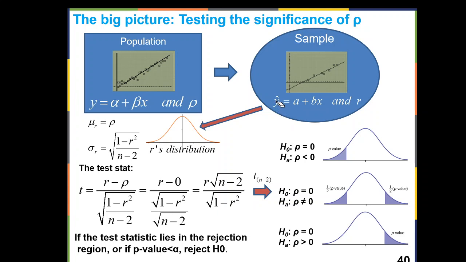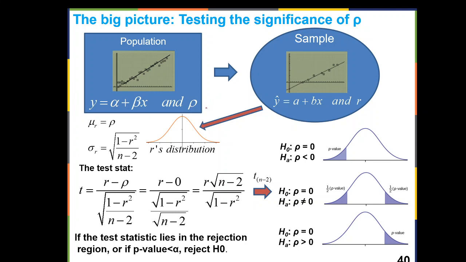Now, we call this y hat, which is an estimate for what? For y. We call this A, which is an estimate for alpha, and then B is an estimate for beta, and R is an estimate for rho. All right, now the question is, how do we know that this R is actually that rho?